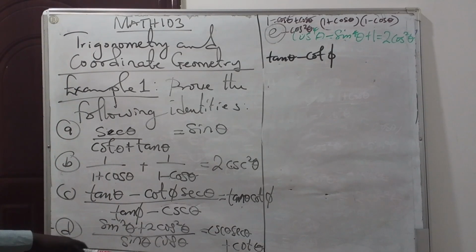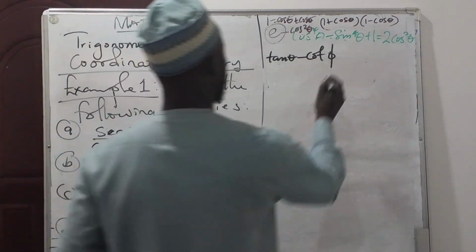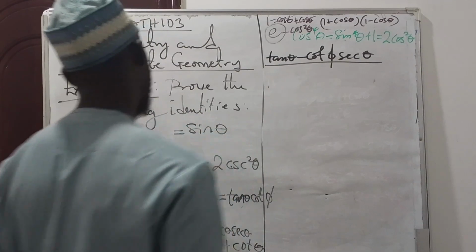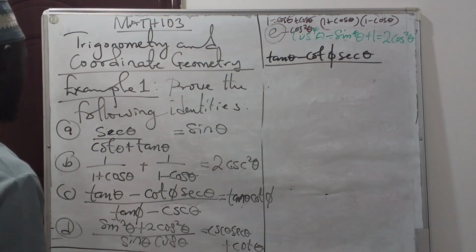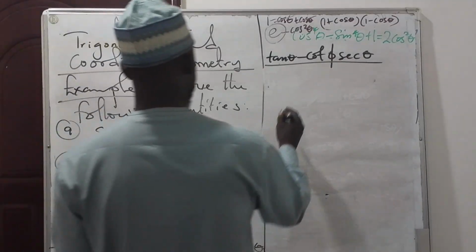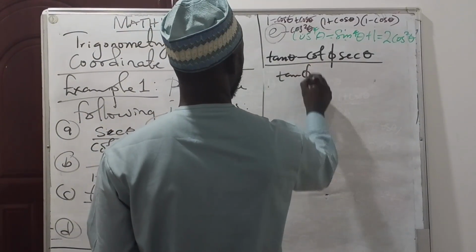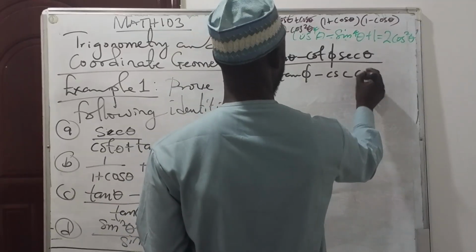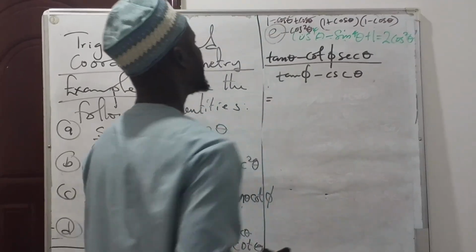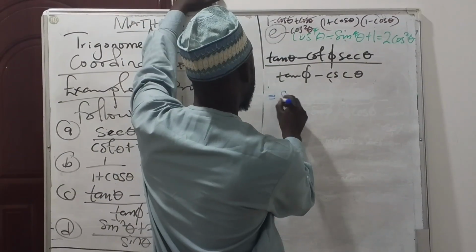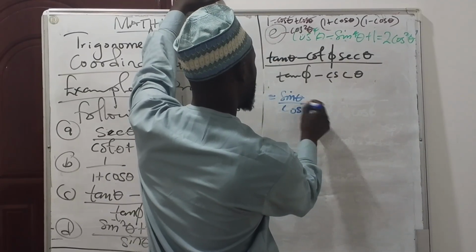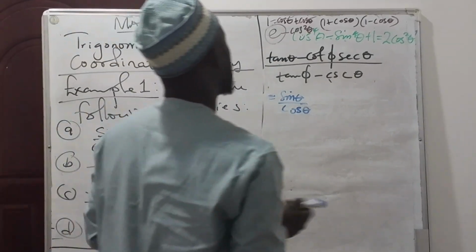So I have this sec theta, so you are dividing by tan phi minus cosec theta. So what is going to give you here sine theta over cos theta. Okay.